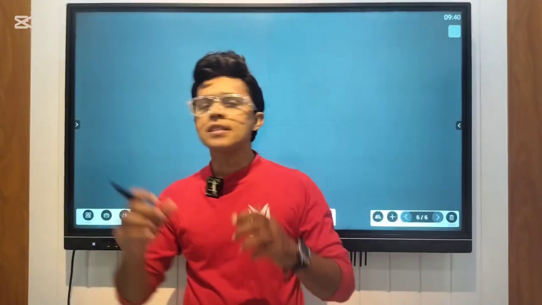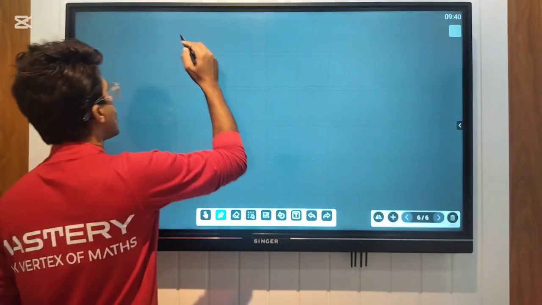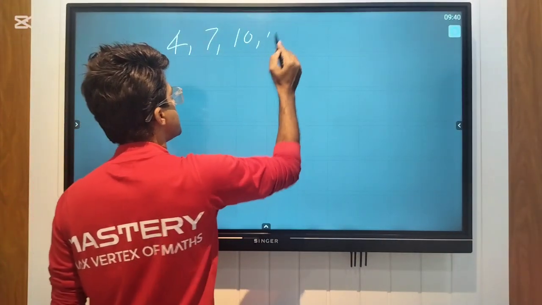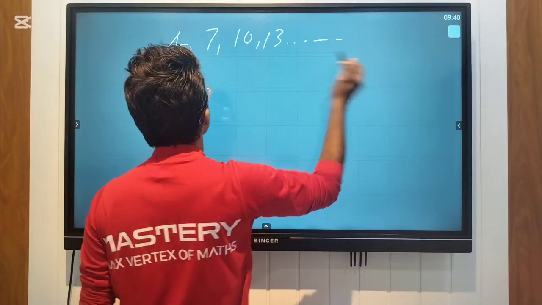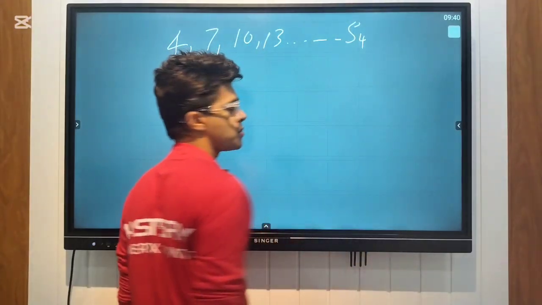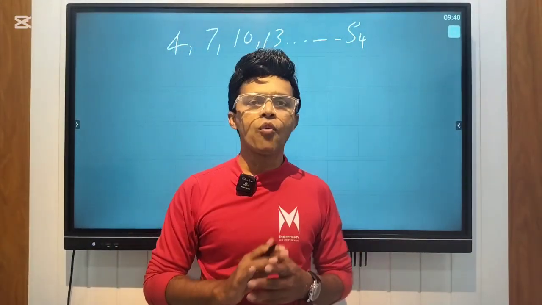The sum of n terms of an AP. Really, how do you get the sum of n terms of an AP here? Think of this one: 4, 7, 10, 13 and so on. Then you need to get the sum of the first 4 terms. You need to add these 4 terms.